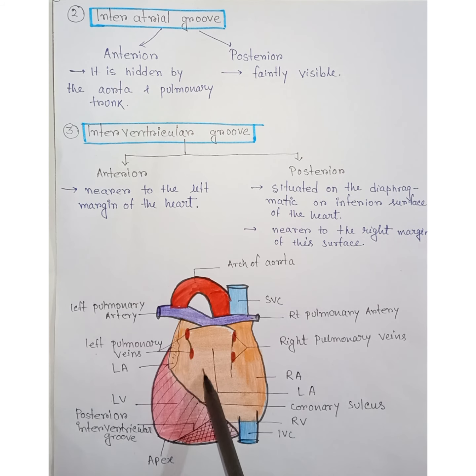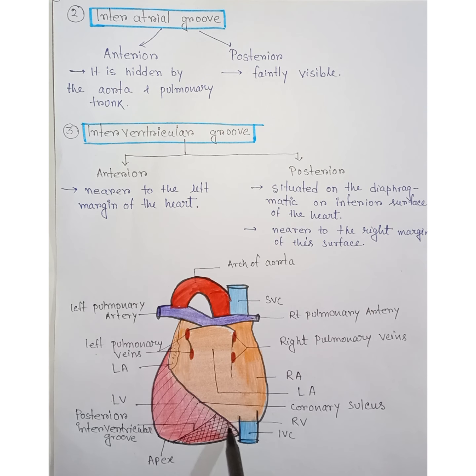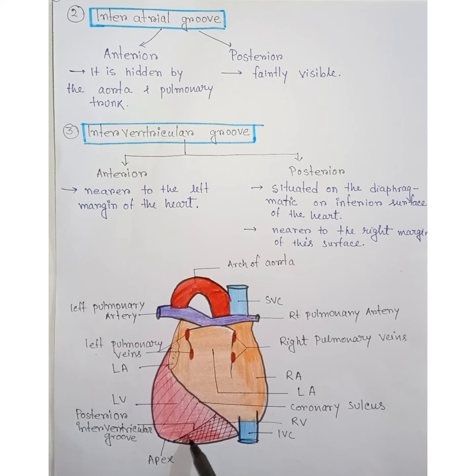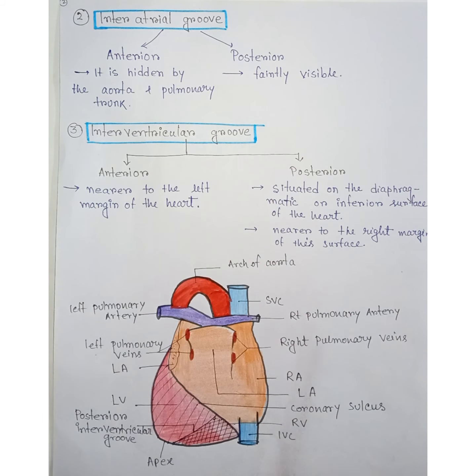This groove is known as the coronary sulcus or atrioventricular groove, present between the atria and ventricles. And this is the posterior interventricular groove.